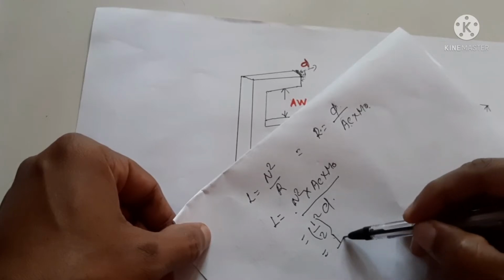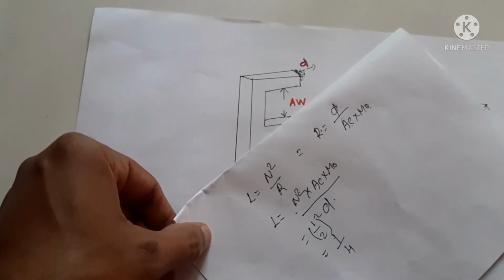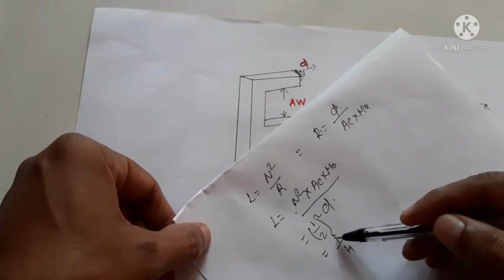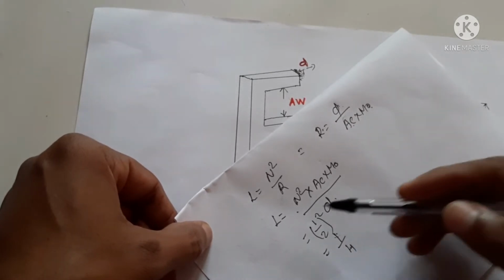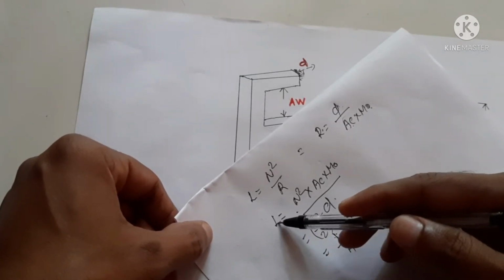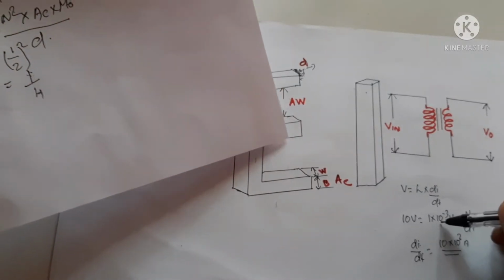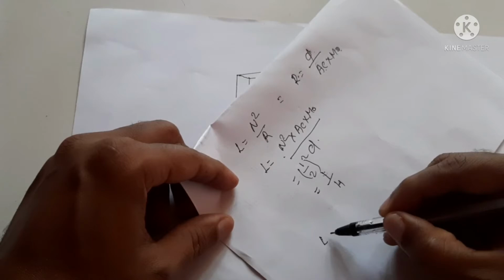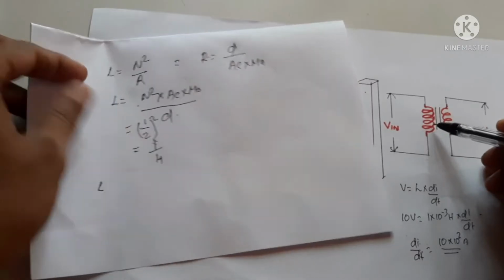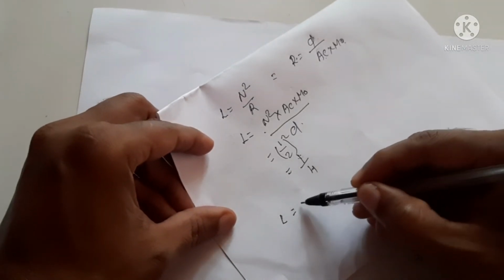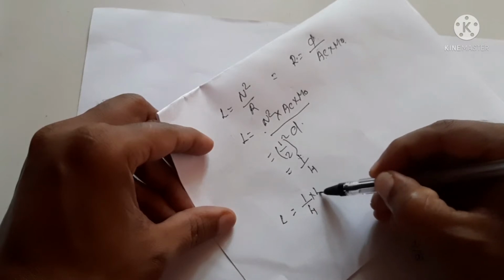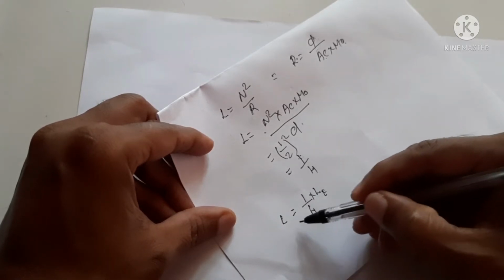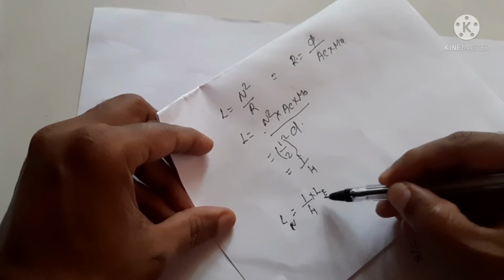That means the inductance changes to 1/4. Earlier inductance was 1 millihenry. Now it is reduced to 1/4 of the earlier inductance.